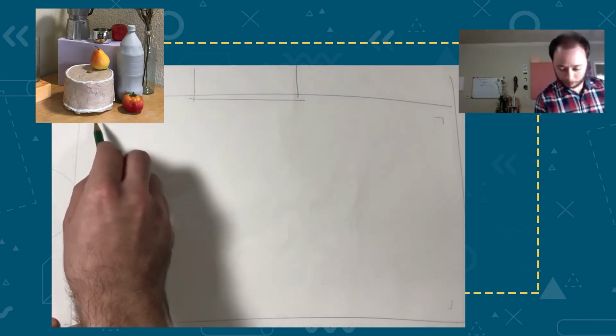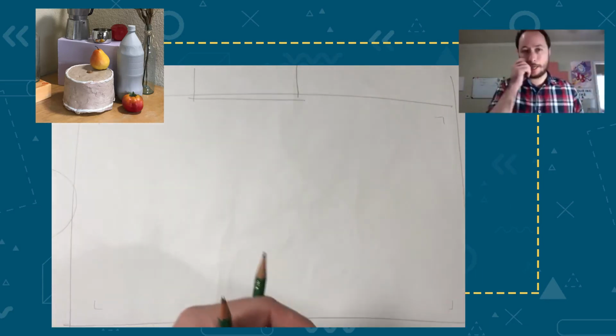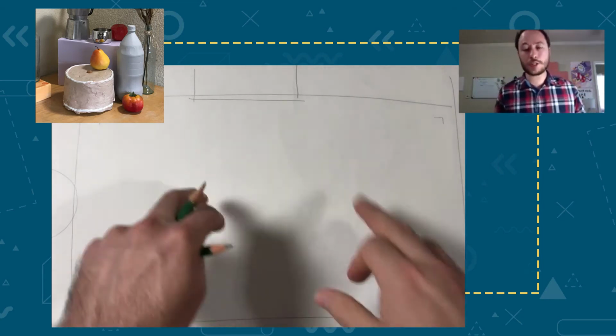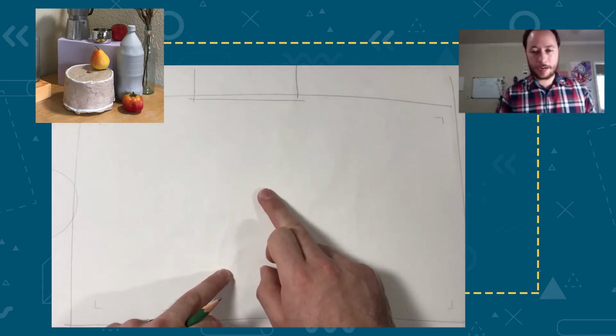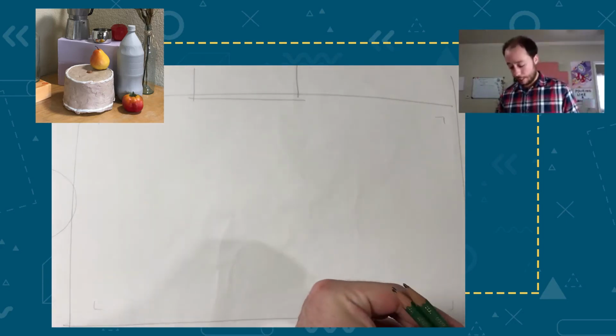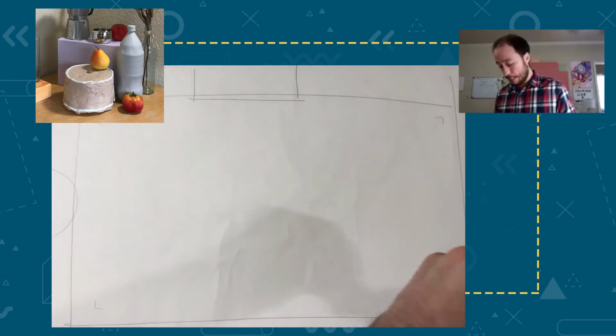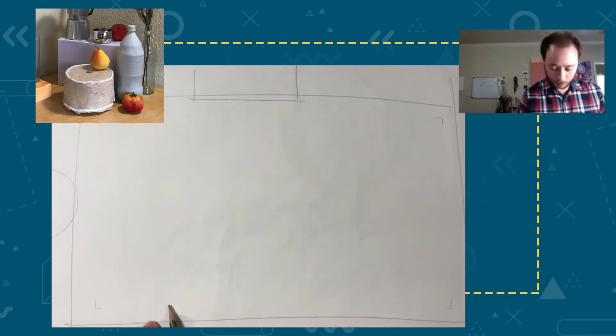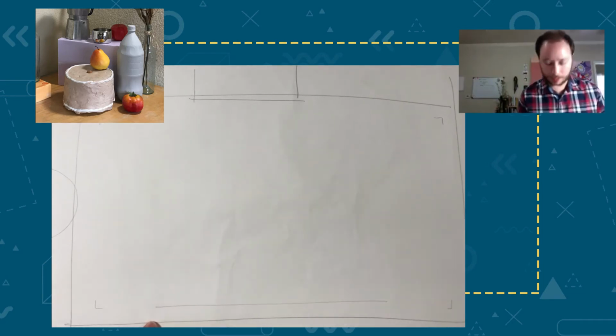You don't actually have to do these corners, they help me mentally. I'm going to draw the cake, pear, 2-liter, tomato. I can draw a straight line along the bottom of this page where the base of them will be.